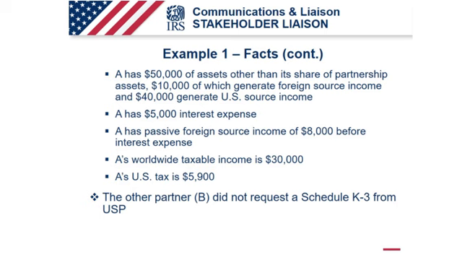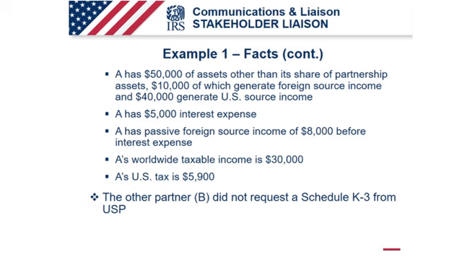A also has $5,000 of deductible interest expense that needs to be allocated and apportioned. A has passive foreign source income of $8,000 before taking into account any apportionment of interest expense. A's worldwide taxable income is $30,000, and A's U.S. tax liability is $5,900.